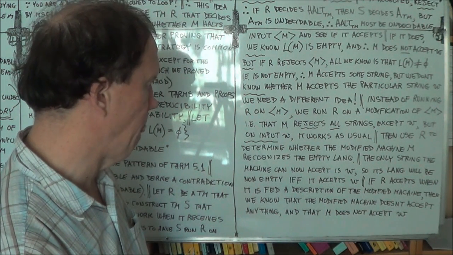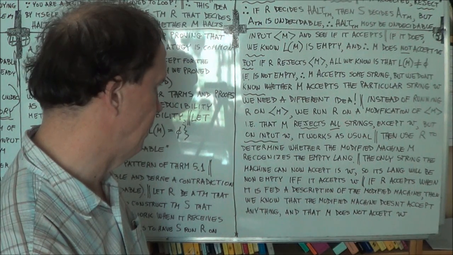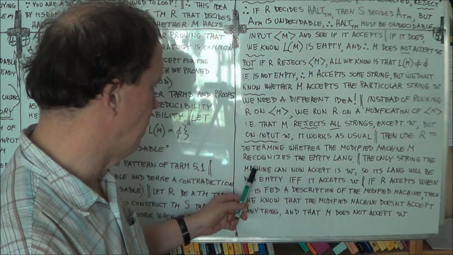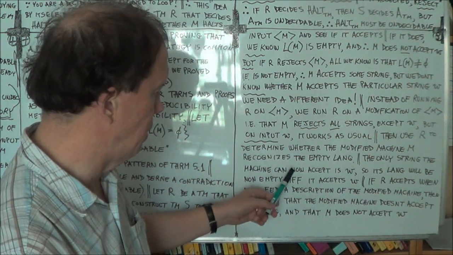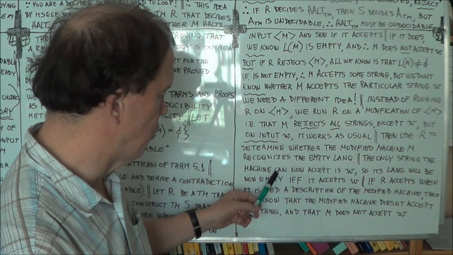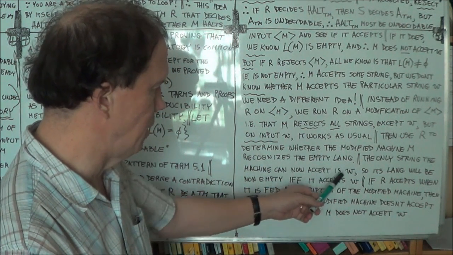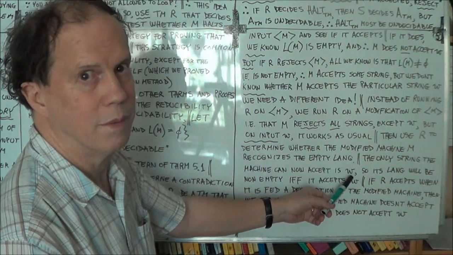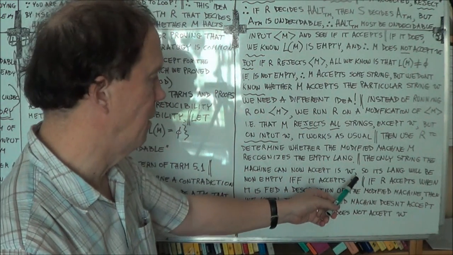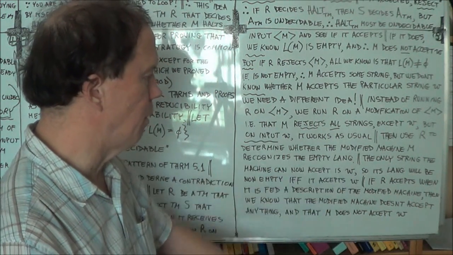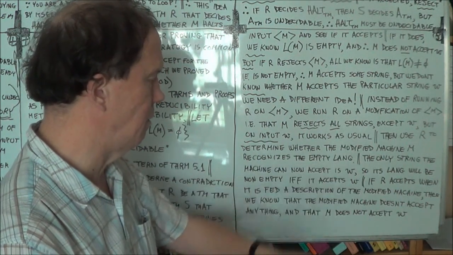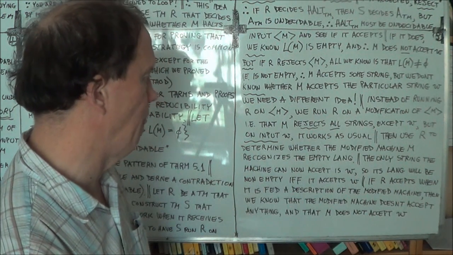Now this modified machine, M dashed, the only string that it can accept is W, because all the non-Ws automatically get rejected.